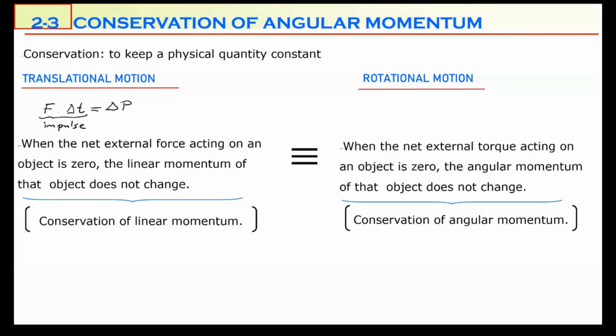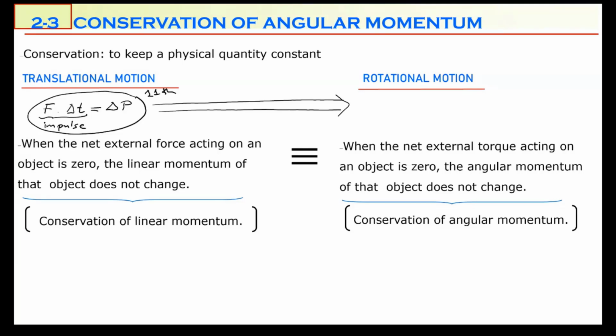And this equation has an equivalent equation in rotational motion, which is studied in the 11th grade, but this equation will not be studied in the 12th grade. However, the equations are very similar.